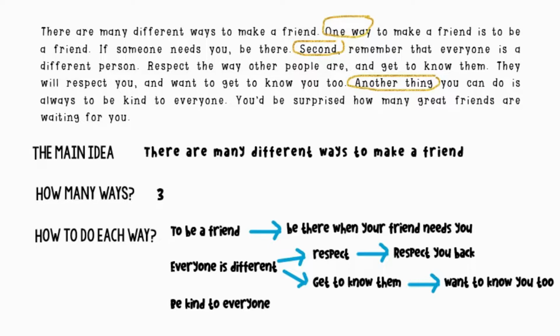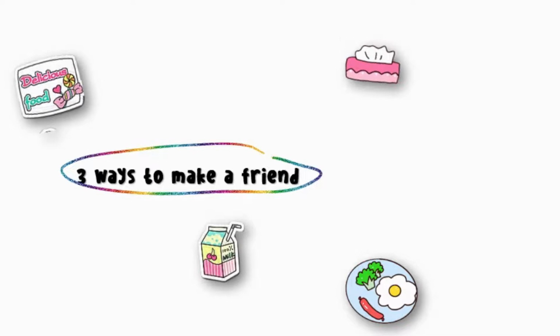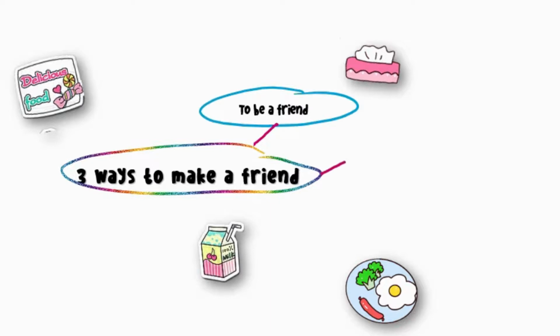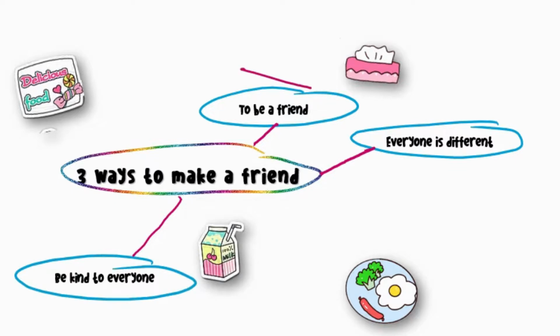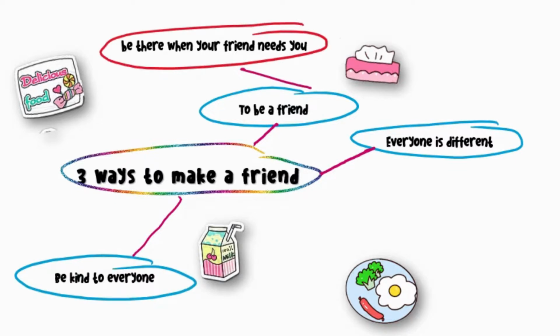And then how can we put them in a mind map? As in the previous approach, we put the main idea in the center of the mind map. So we put the main idea here in the center, and then we write down each of the supporting sentences, and then write down the supporting details for each supporting sentence.